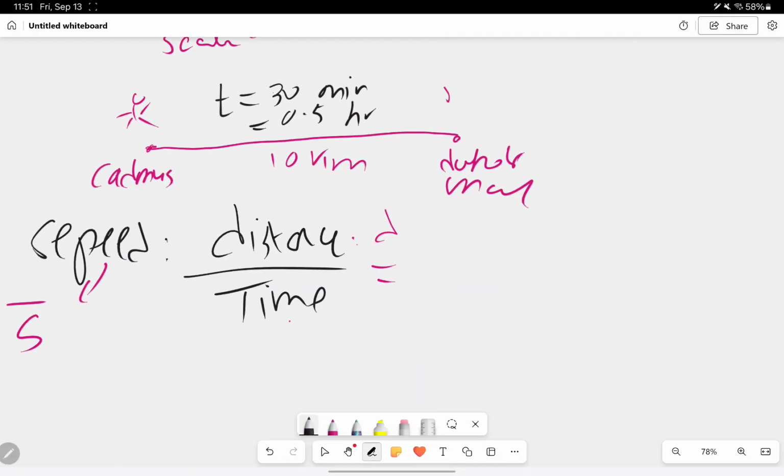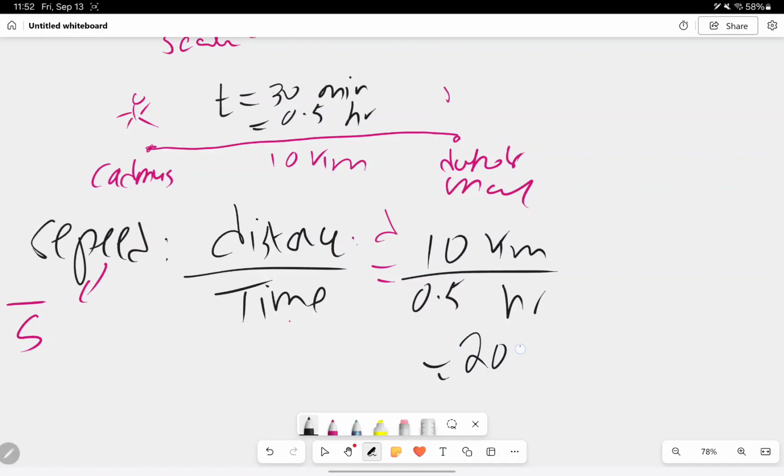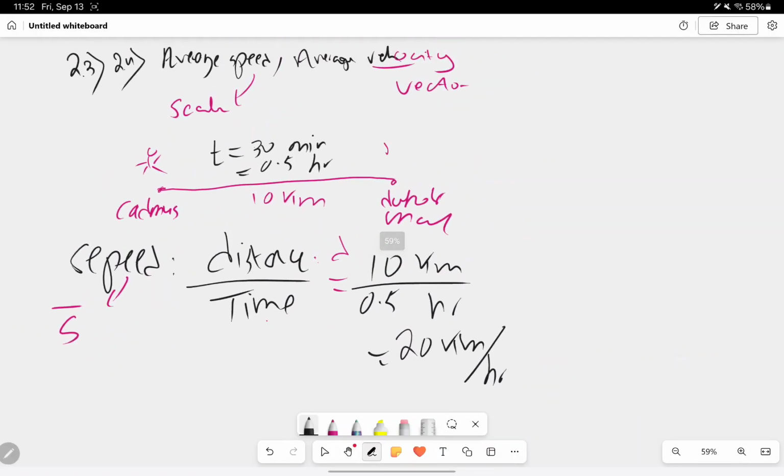Distance covered is 10 kilometers divided by time taken, 0.5 hour. Use calculator. So it's going to be 20 kilometers per hour. That's what I mean by speed.